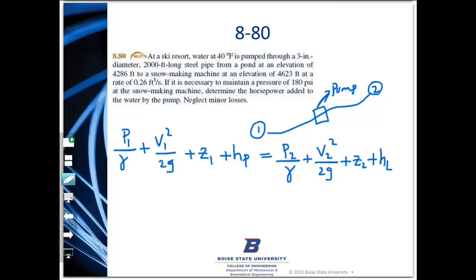In this case, the head losses are only due to the major losses, so the minor losses are negligible, so we should compute those. However, we can neglect a few terms.